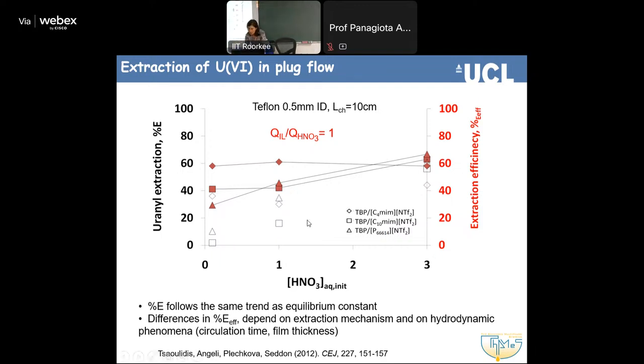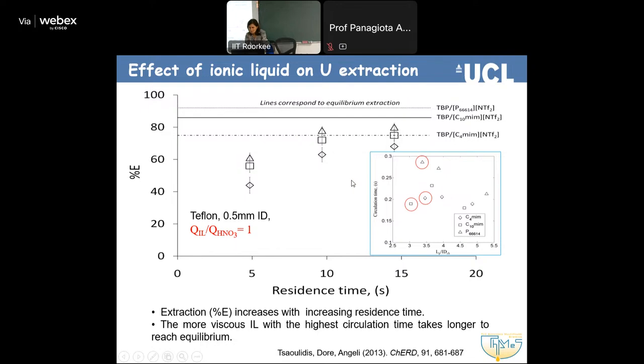Let me just show you some results a bit more quickly here. What I want to bring here is this effect, just to link a bit with the hydrodynamics we did before. Similar results of percentage extraction over residence time, and what we have here is different ionic liquids.